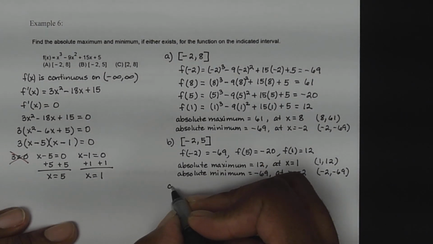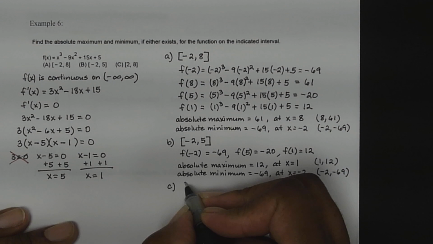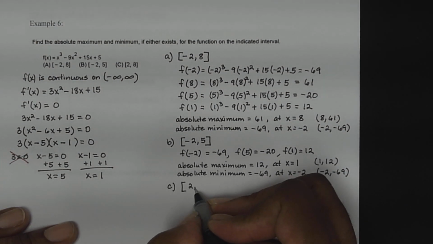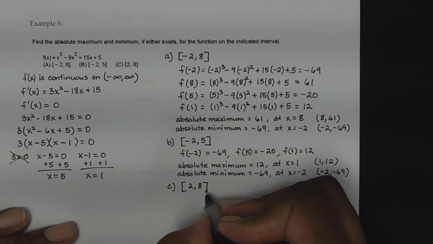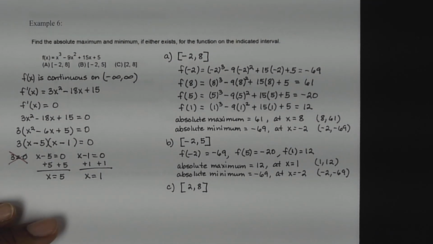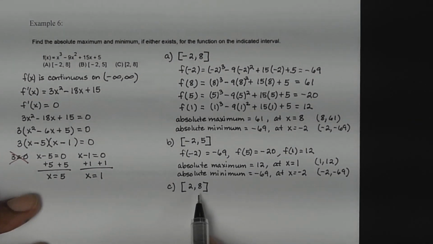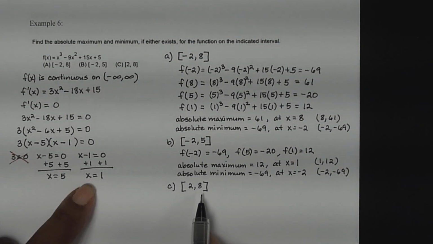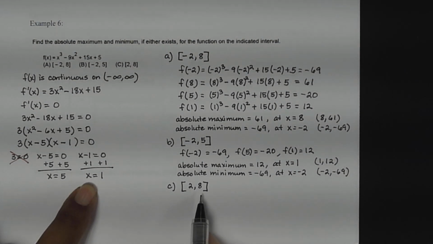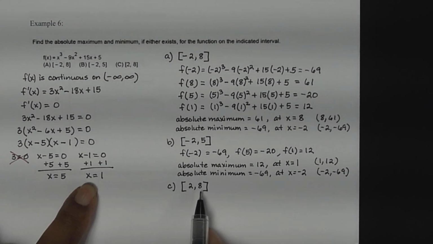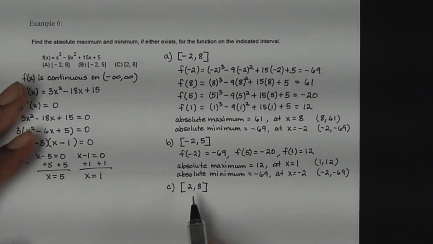Part C will be the interval 2, 8. Okay. Now, since our interval is from 2 to 8, we're not going to be using x equals 1 as our critical number because that's outside the interval 2, 8. Okay?